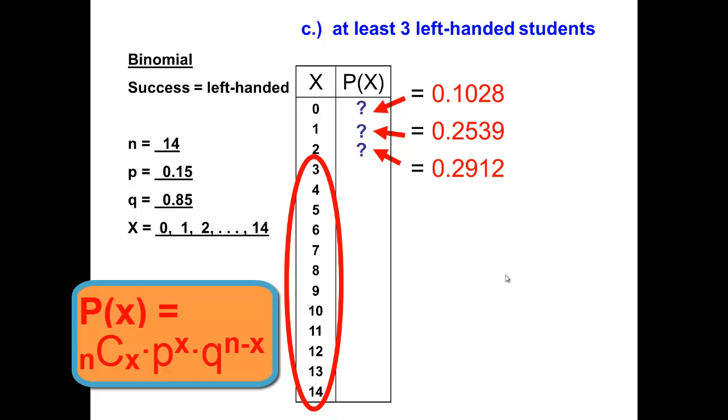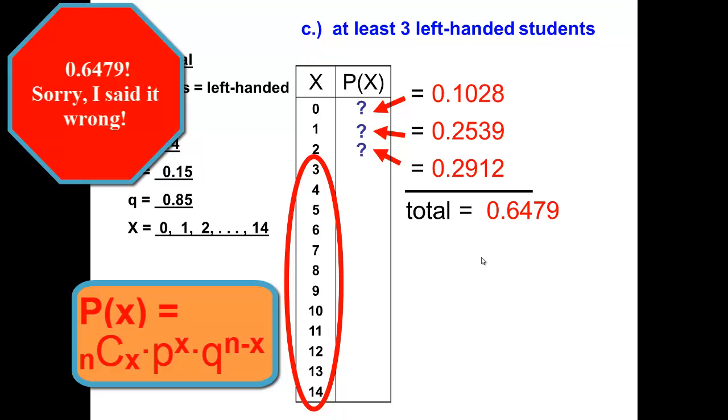For x equals 0, the answer is still 0.1028. For x equals 1, the answer is still 0.2539. For x equals 2, the answer is still 0.2912. And if we sum those together, we get 0.6479. Well, what does that tell us? It tells us everything we've not circled has a probability of 0.6479, and that's the complement.